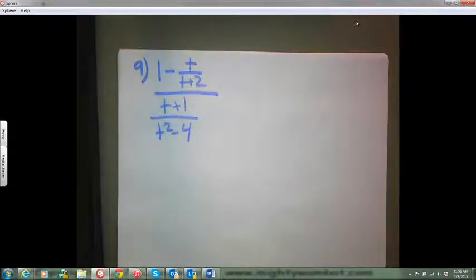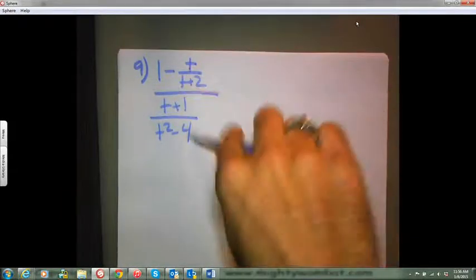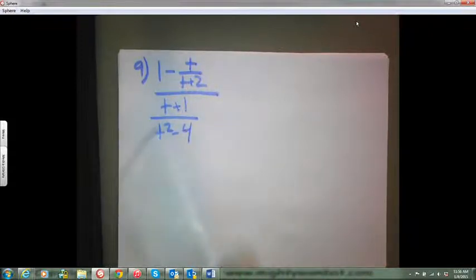It would have been great if we would have had one fraction divided by another fraction. Because if we had had one fraction divided by another fraction, then we could have done keep, change, flip. Unfortunately, we have two fractions here.